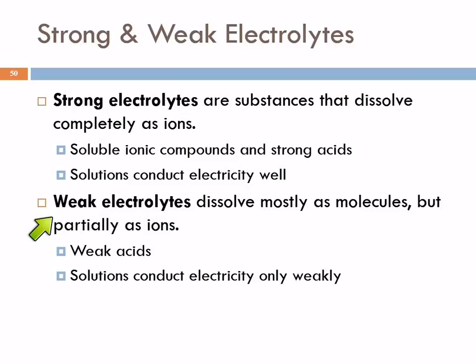In a weak electrolyte, it dissolves mostly as molecules and only partially as ions. So weak acids are weak electrolytes. They form some ions, but mostly they're molecules. And so these solutions will conduct electricity weakly. The light bulb will just be dim because it can conduct electricity, but it doesn't do it very well because there's not as many ions. Any questions?